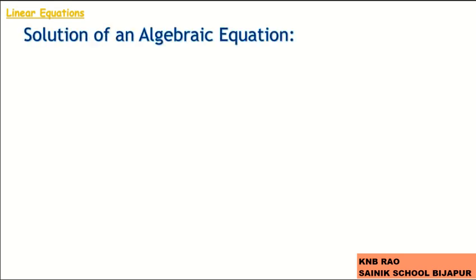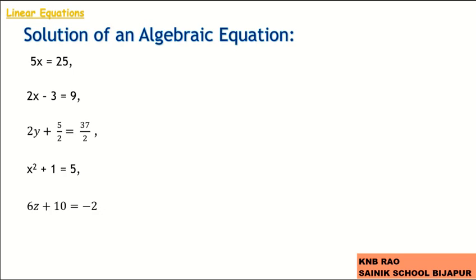Now, we will go for the solution of an algebraic equation. Here I have taken the same examples. You know how to solve this. In our previous sessions I have explained it to you. Here 5 into x equals 25. This 5 can be transposed this side.